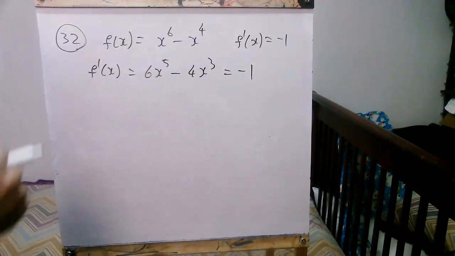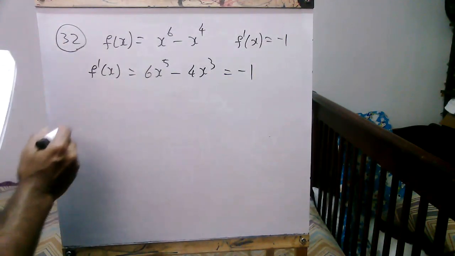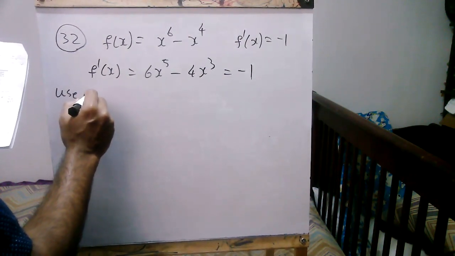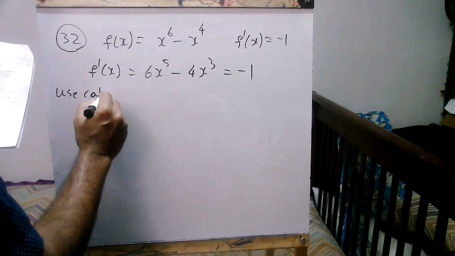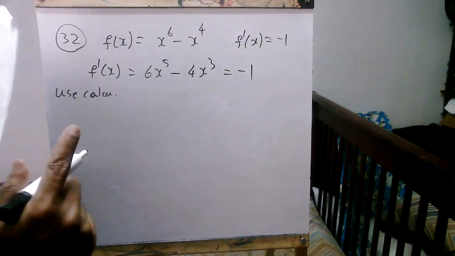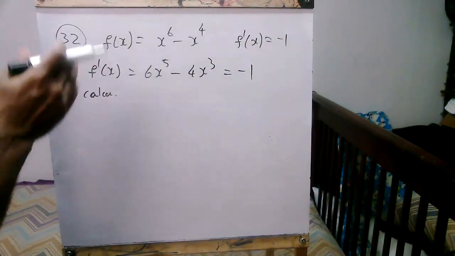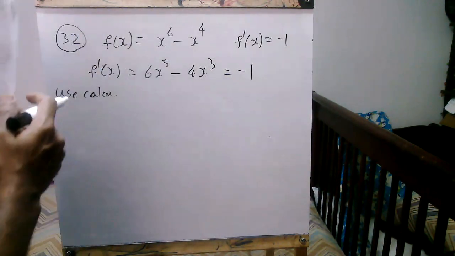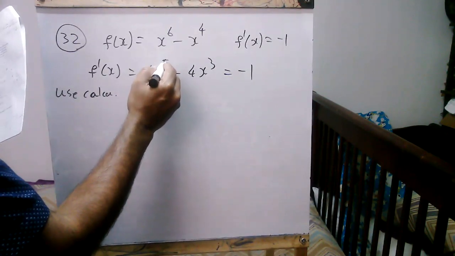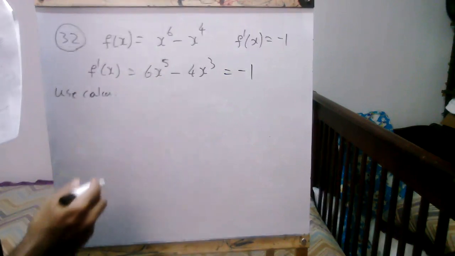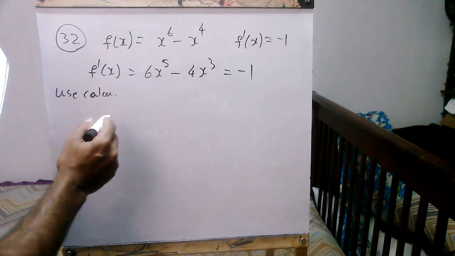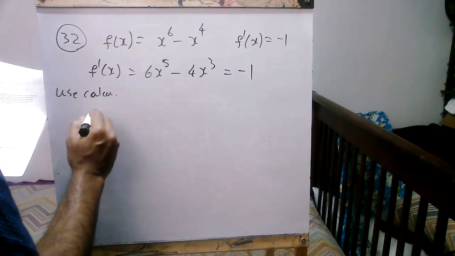Now use calculator to solve this. You remember I asked you to use C-solve. Why? If you get any complex root, it gives you all roots including complex roots. So C-solve.